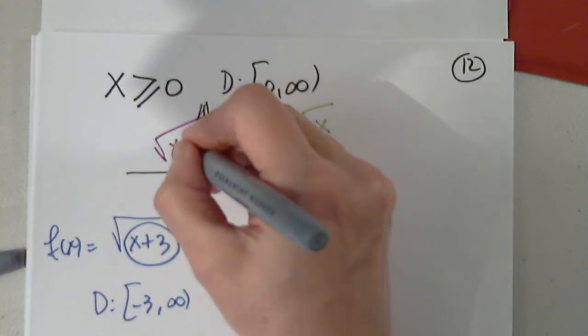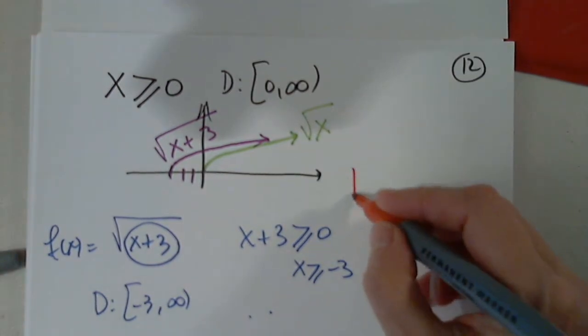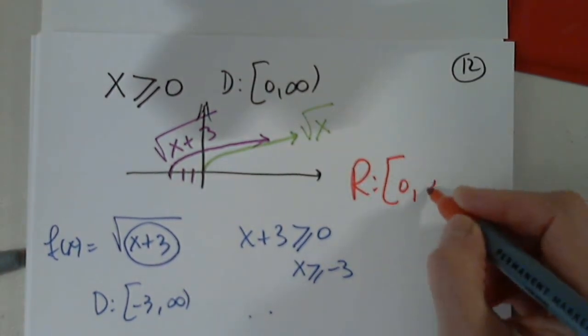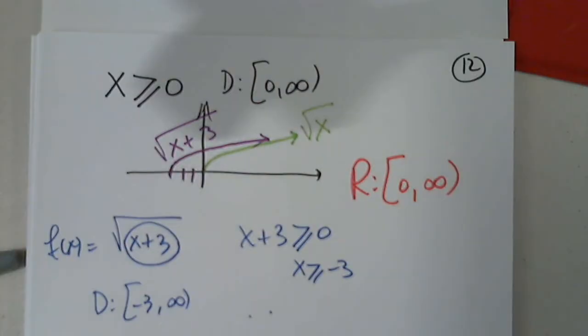So this is the square root of x plus 3. Very easy to determine the range for both, of course, 0 to infinity, from the smallest y value till the largest y value. Any questions?